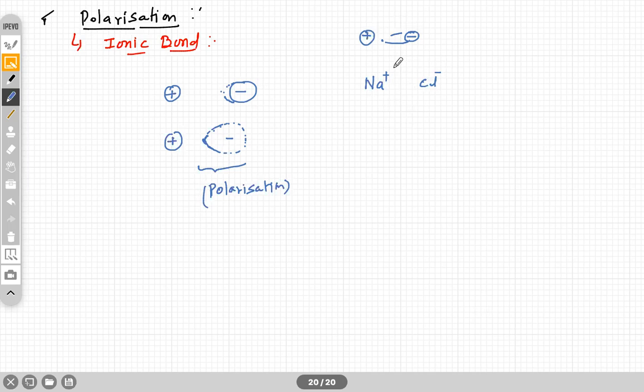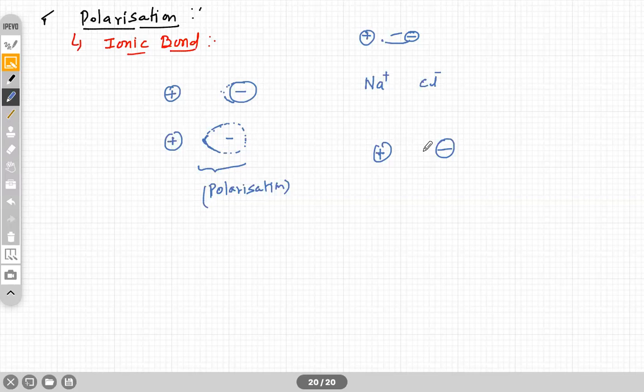If we have 2 point charges, plus and minus, this is ionic. But when you start distributing this charge between the 2 points, the ionic character is decreasing and covalent character is increasing. Because of polarization, ionic character decreases and covalent character increases.